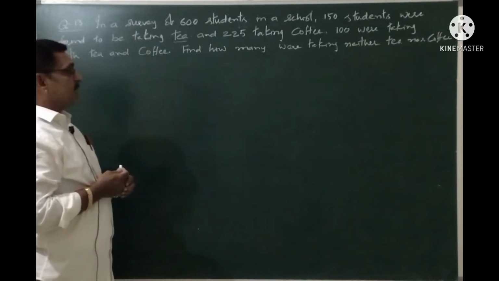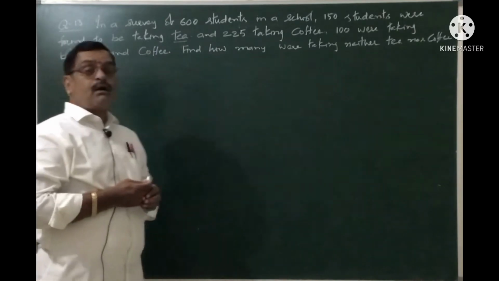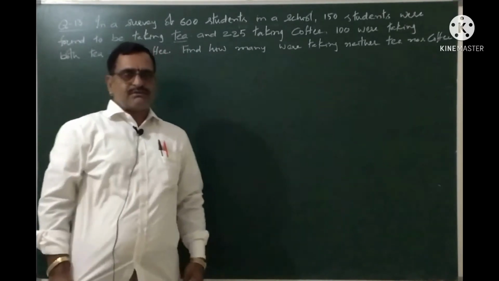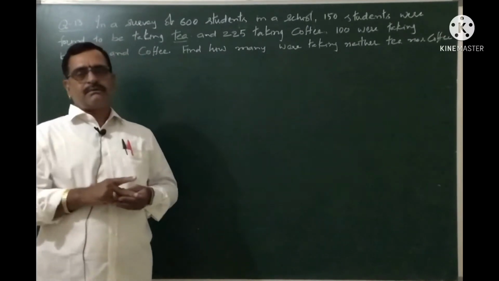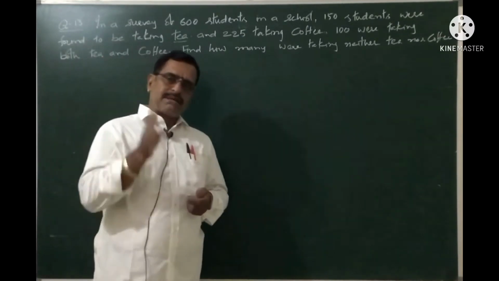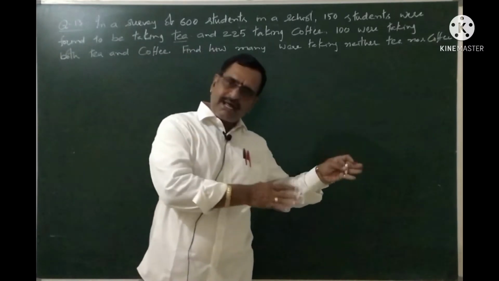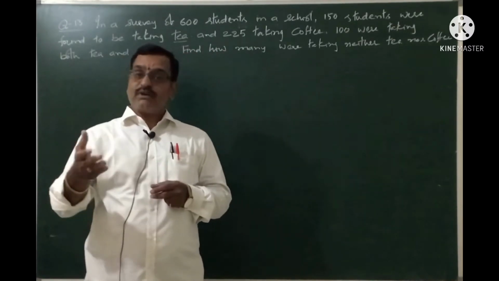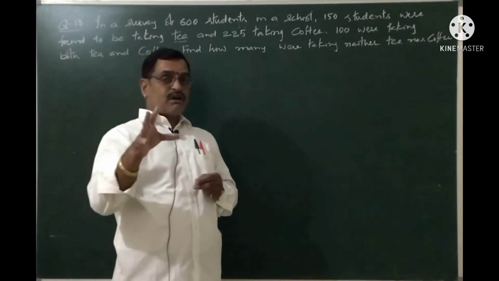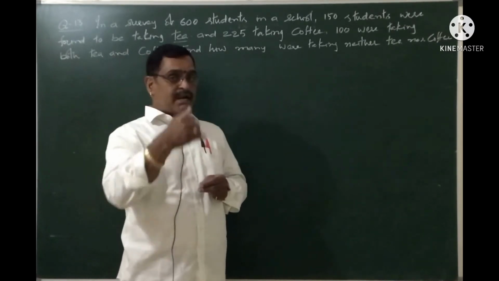How many were taking neither tea nor coffee? This is the question. We can solve this question in two ways. Number one is using Venn diagram. Number two, using the formula, which we derived already. First of all, I will use the formula and I will solve it.